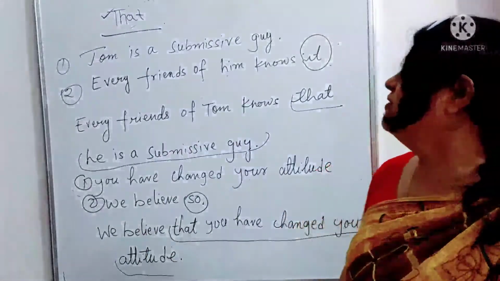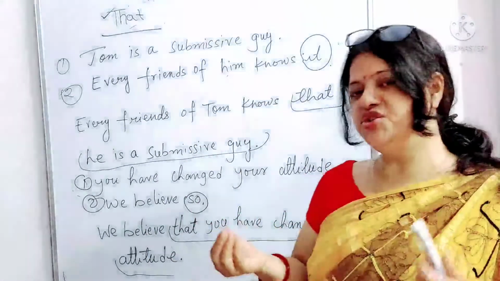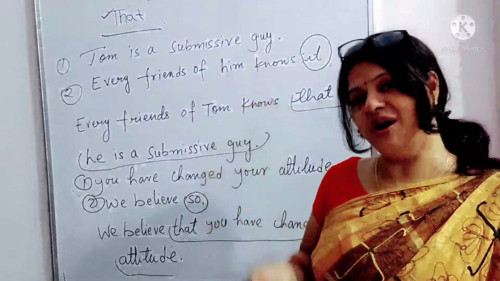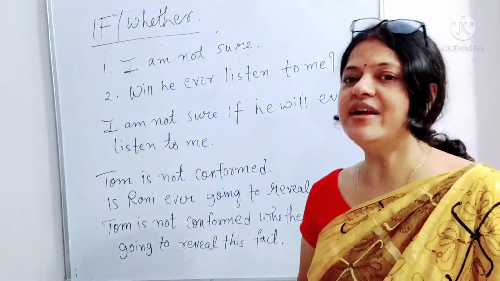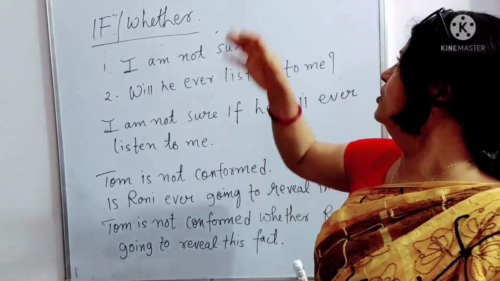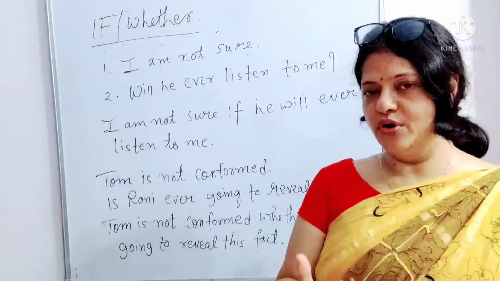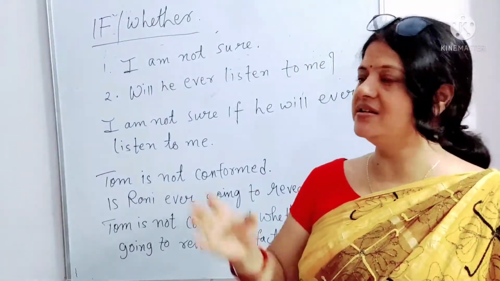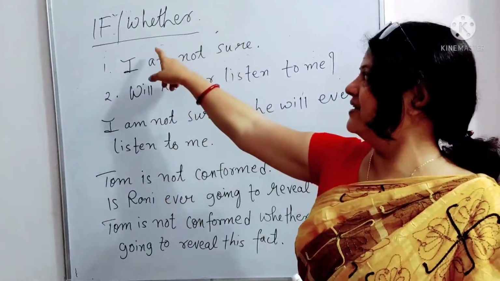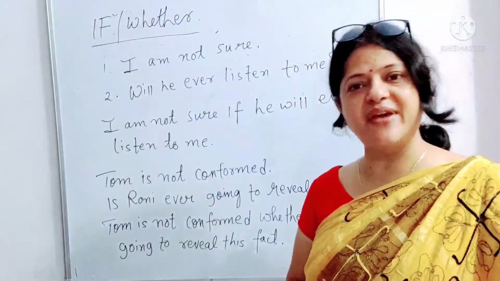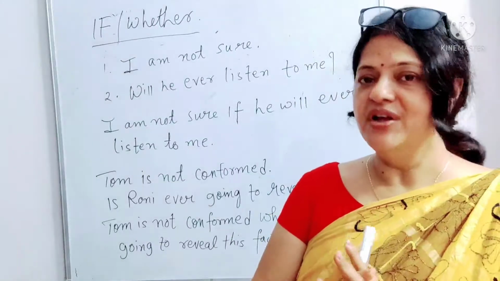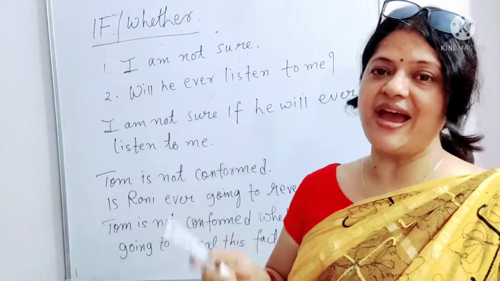Now let's see how we can use if and whether conjunctions to add two or more than two simple sentences by using noun clause. So first of all you need to know the condition where we are going to use if and whether.